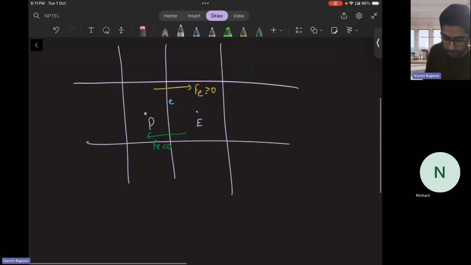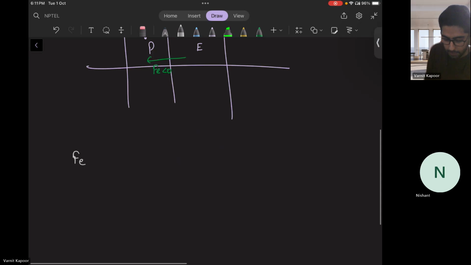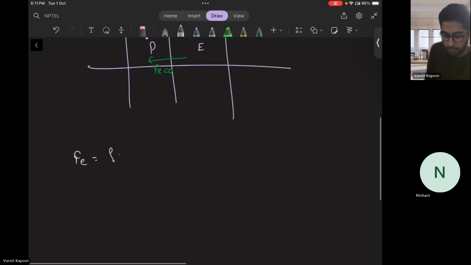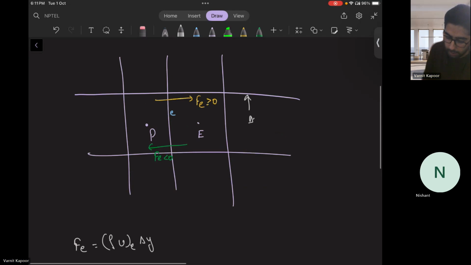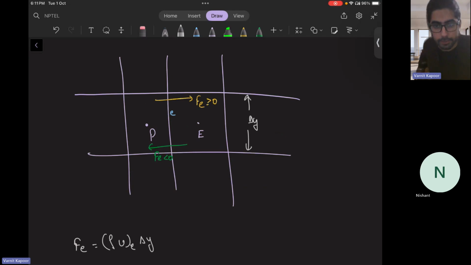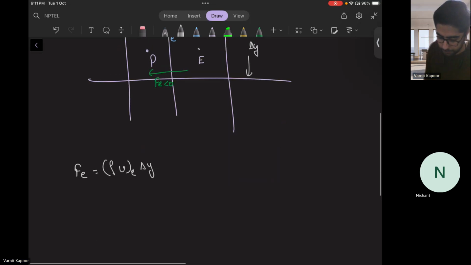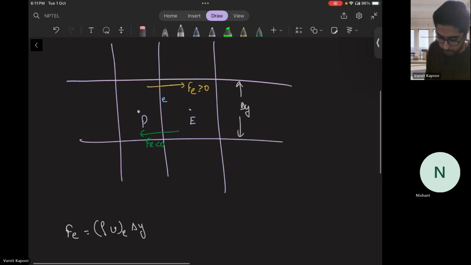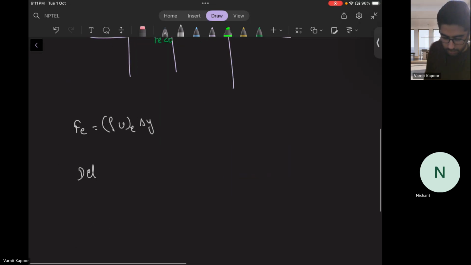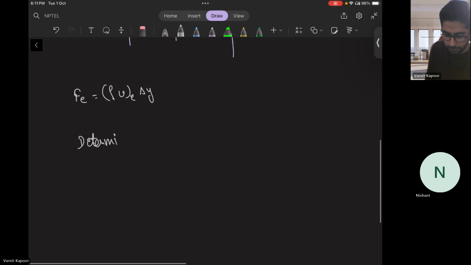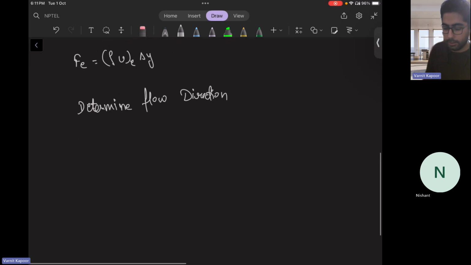So what was FE, if you remember? FE was rho U at the east face into delta Y, rho U delta Y. So you need to determine the flow direction here, that is the upwind direction.